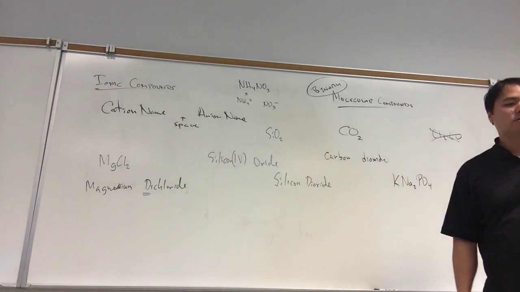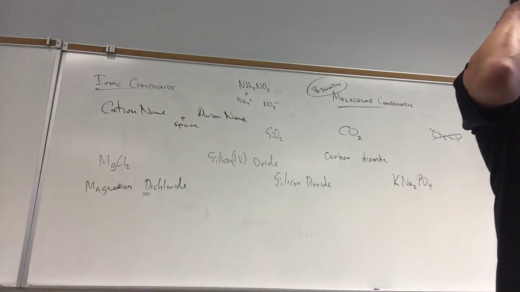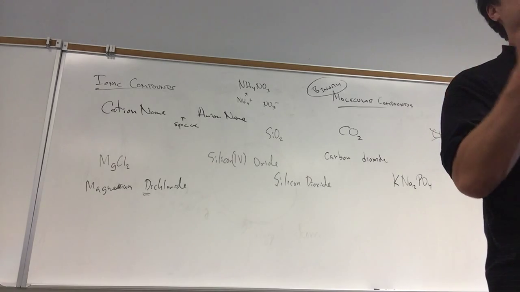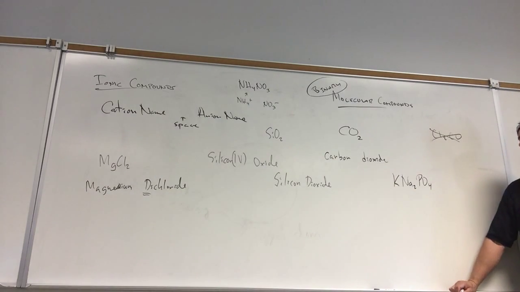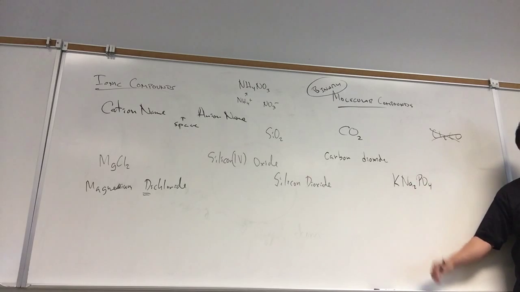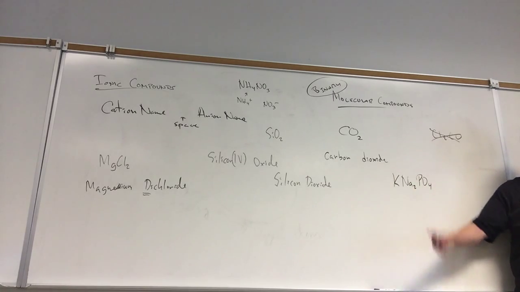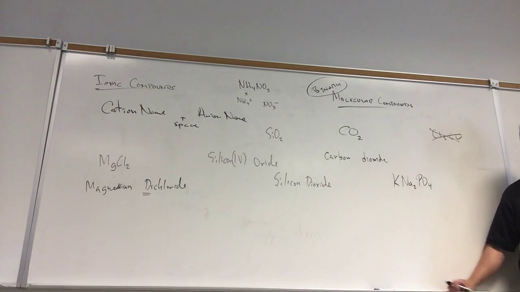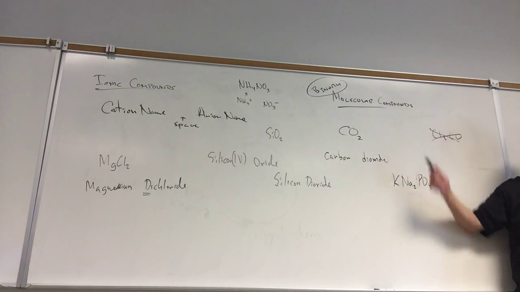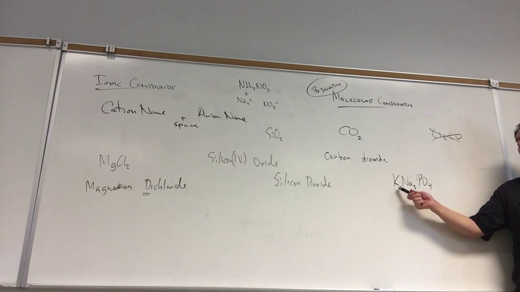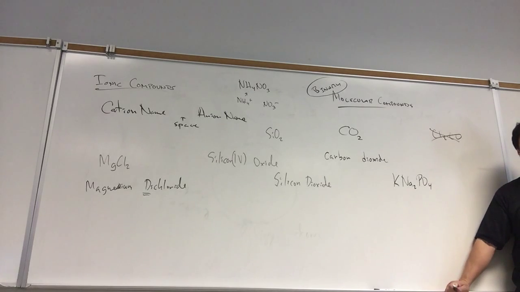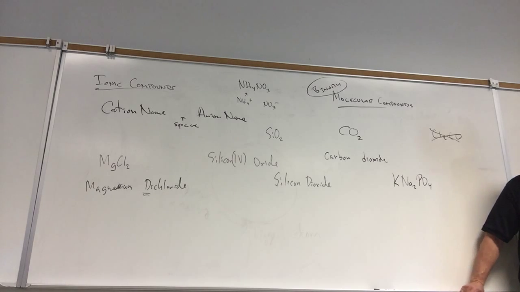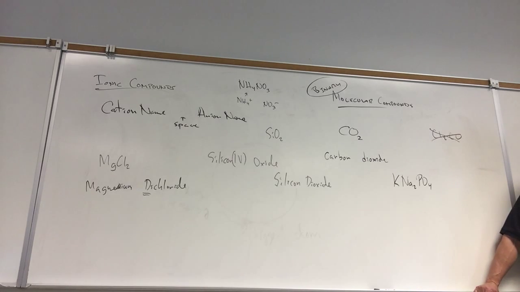But if you heard potassium sodium phosphate, you can't tell if there are 2 potassiums and 1 sodium or 1 potassium and 2 sodiums. Is it a 2 to 1 or 1 to 2 ratio? Can you tell using the regular ionic naming? No, you can't. So for a particular ionic compound like this, you have to use the molecular nomenclature, otherwise it just doesn't work. We call this potassium disodium phosphate. Potassium disodium phosphate makes it clear and easy to understand what it is. So in that case, using prefixes clears things up.